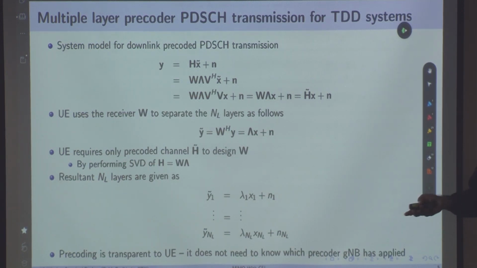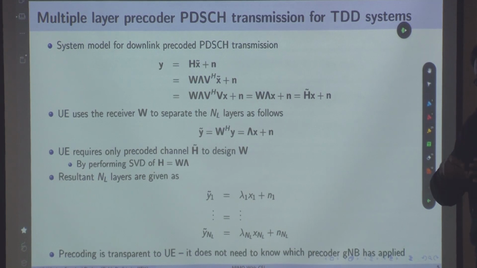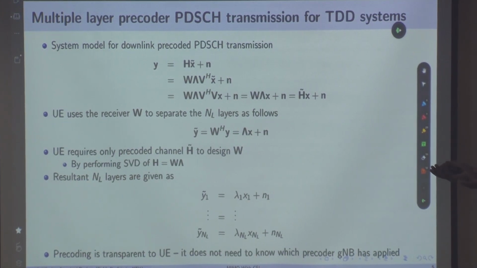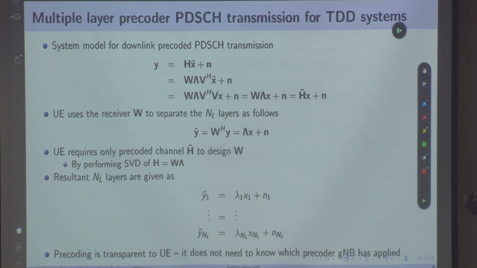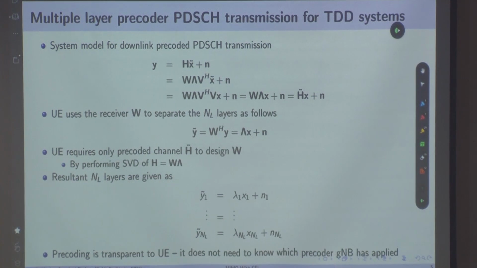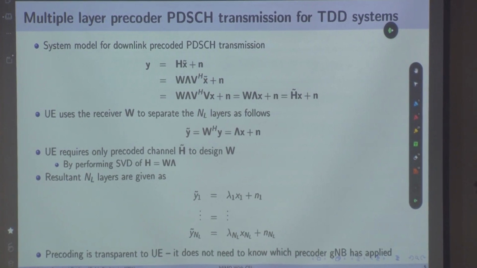After that, based on how much processing power your system has, you estimate the channel and design the precoder accordingly. The UE will report the MCS accordingly, and then you transmit the PDSCH at that particular rate and live with that. So that is how it works.